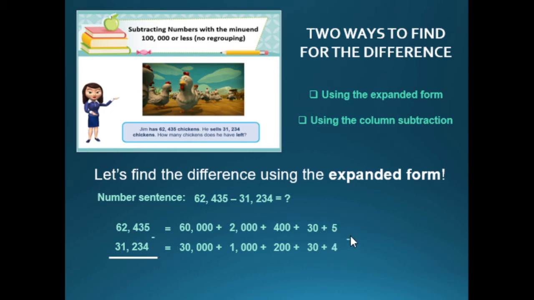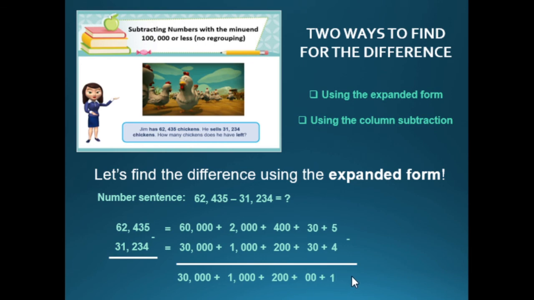And then let's subtract them. 60,000 minus 30,000 equals 30,000. 2,000 minus 1,000 is 1,000. 400 minus 200 is 200. 30 minus 30 equals 0. 5 minus 4 equals 1.